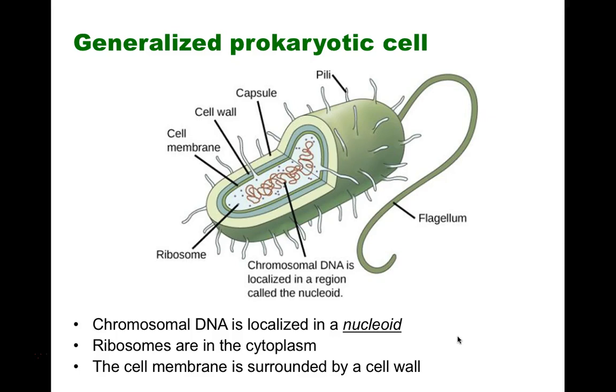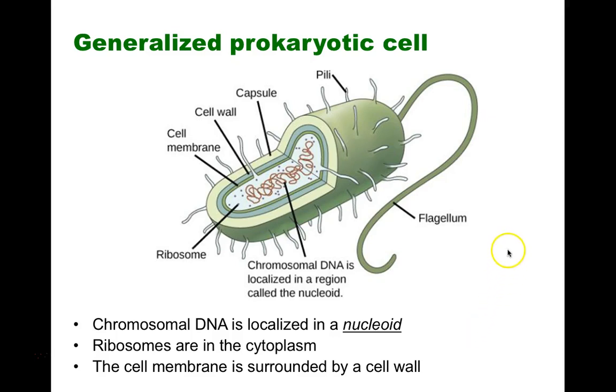For the generalized structure of a prokaryotic cell, we are going to use this illustration. If we take a look starting at the outside surface, a motility structure called a flagellum can be found on some types of prokaryotic cells. Not all, but some. You could have a single flagellum, as in this illustration, or you could have multiple, which is flagella for plural.